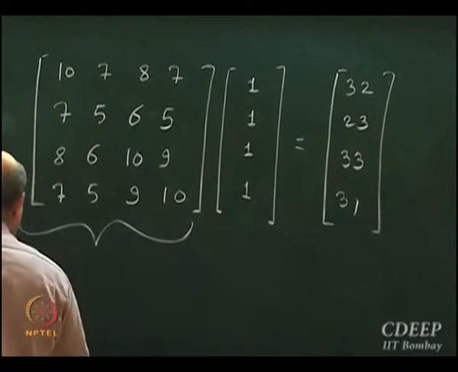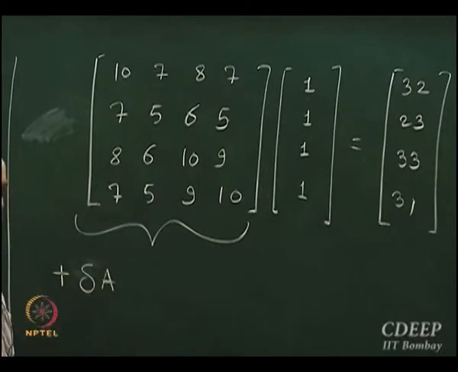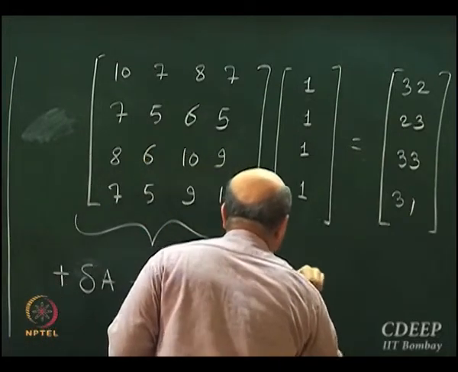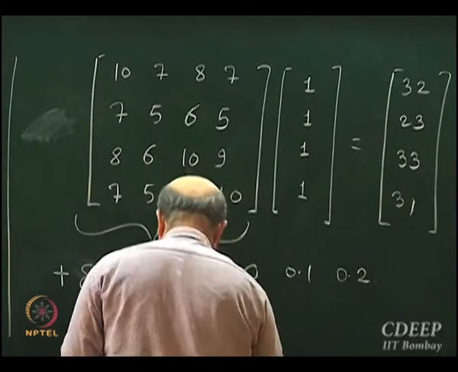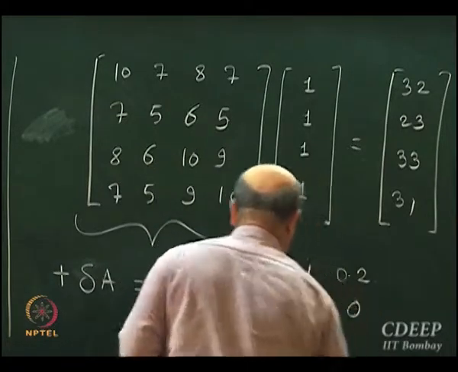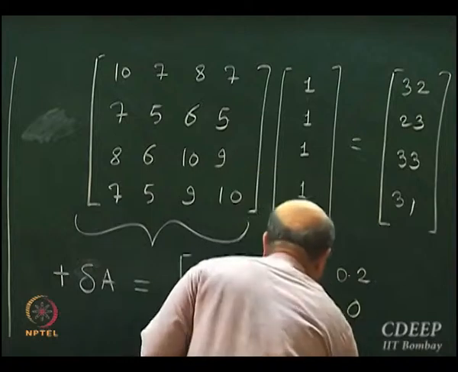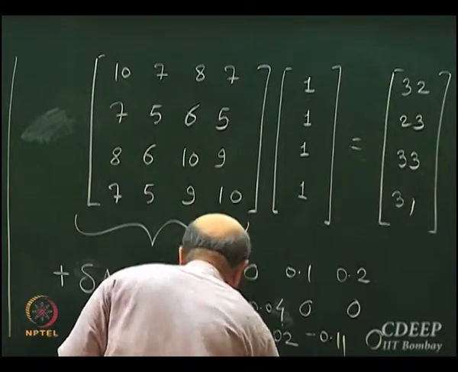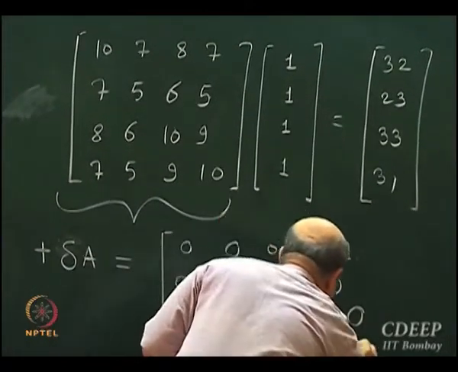To this matrix I add delta A. Now my delta A is going to be 0, 0, 0.1, 0.2, 0.08, 0.04, 0, 0, 0, minus 0.02, minus 0.11, 0.01, 0.01, 0, and minus.